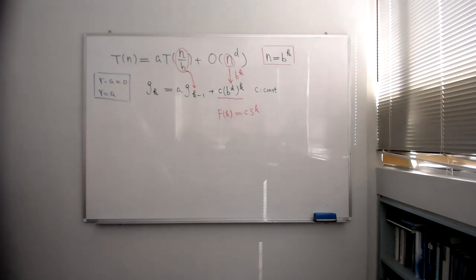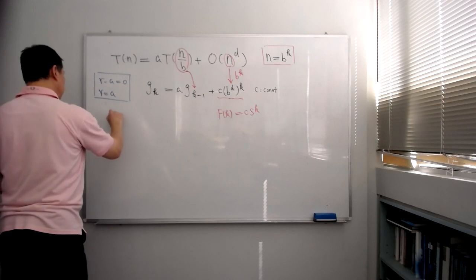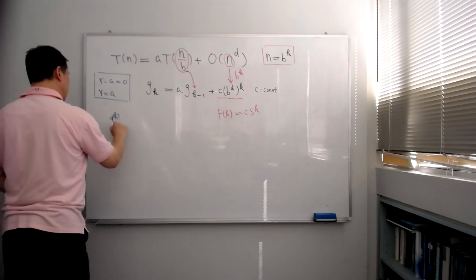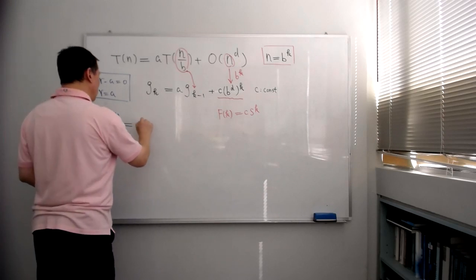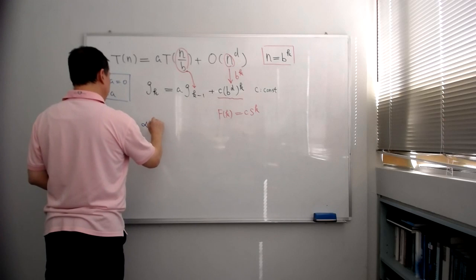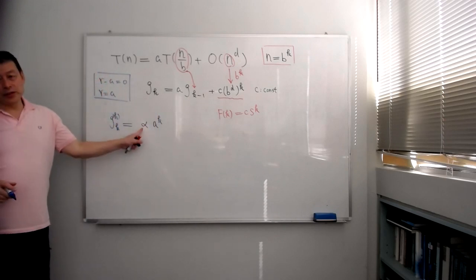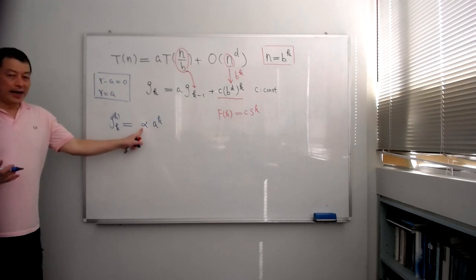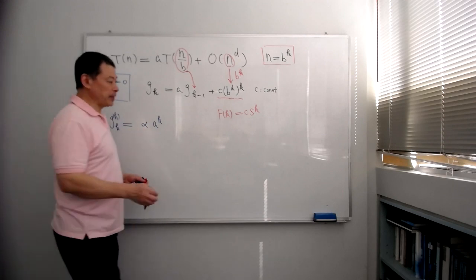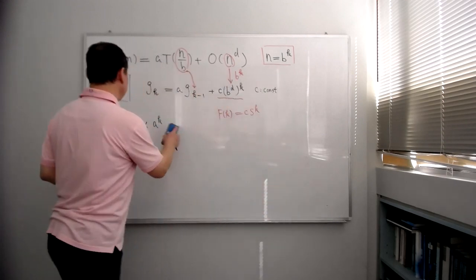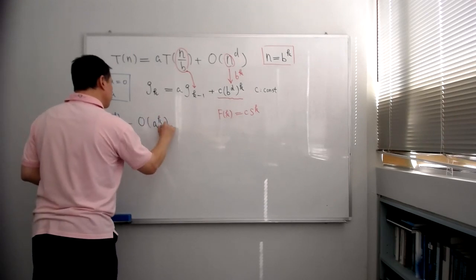So the solution of the homogeneous part is of the form alpha times a to the power k, where the constant needs to be determined. In terms of big O notation, we don't care about this alpha, so we can just say this is big O of a to the power k.